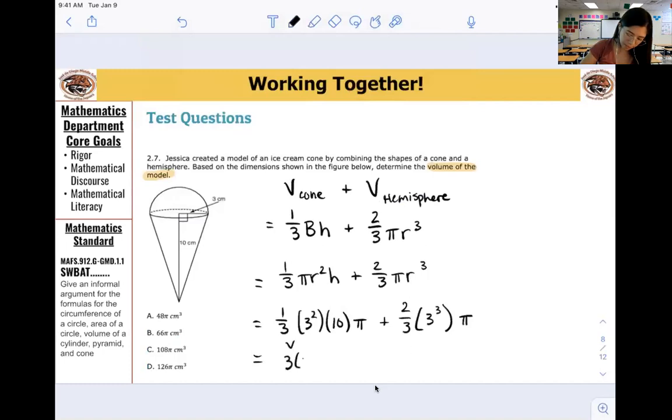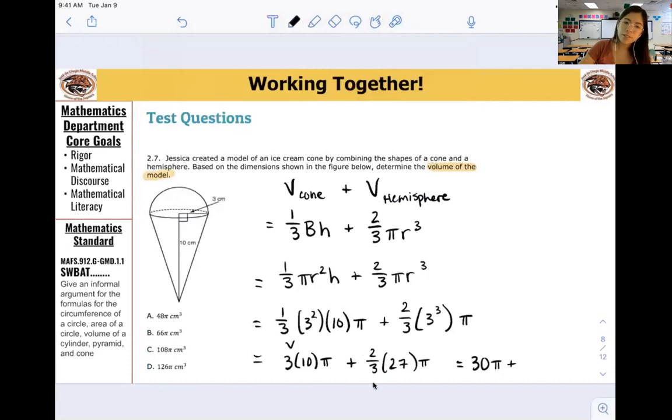So 3 times 10 pi plus 2/3 times, this is 27 pi. 3 times 10, that's 30. And remember, you can do this one of two ways. You can either multiply by 2 and then divide by 3, or you can divide by 3 and then multiply by 2.